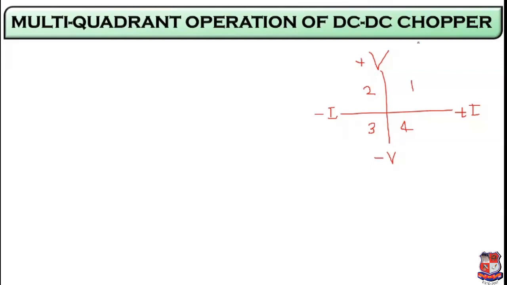Okay, so when output voltage and output current are positive, it means that first quadrant operation is occurring. The chopper is operating in first quadrant where both positive voltage and positive current are applied, and it is able to get the positive output voltage and positive current.